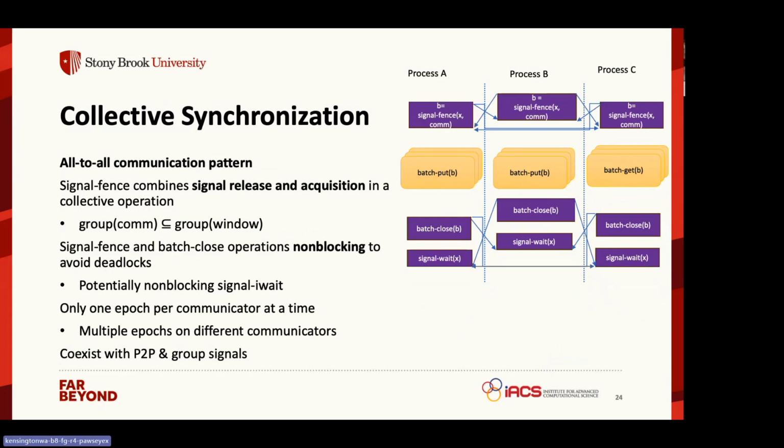The signal fence will give you a batch, and it will basically be a barrier in a way. It starts both an access and an exposure epoch. Everyone does their operations. We do keep the batch closed, and then you can wait for the signal to occur. So the batch close will start a non-blocking barrier in the end, and the signal wait will wait for that non-blocking barrier to complete. That's a way to think about that.